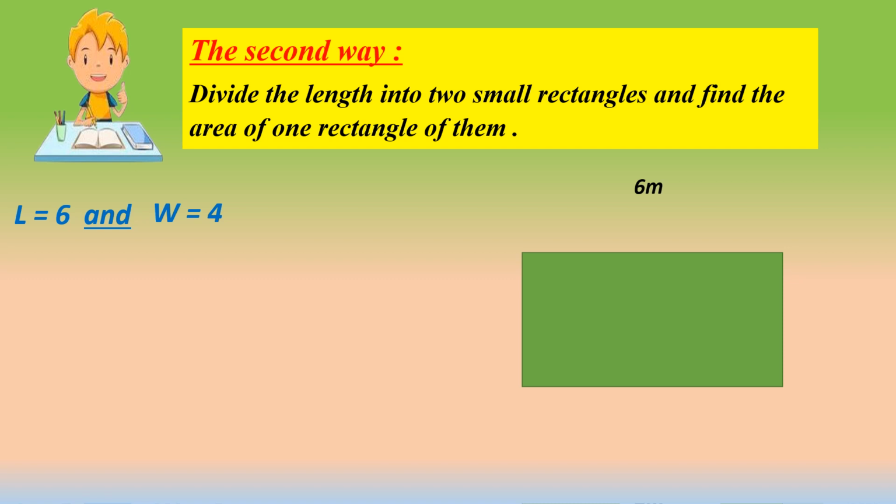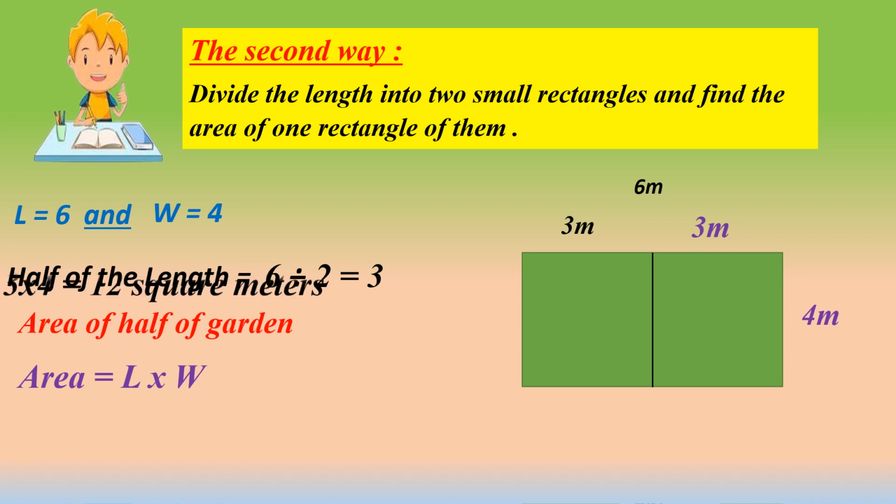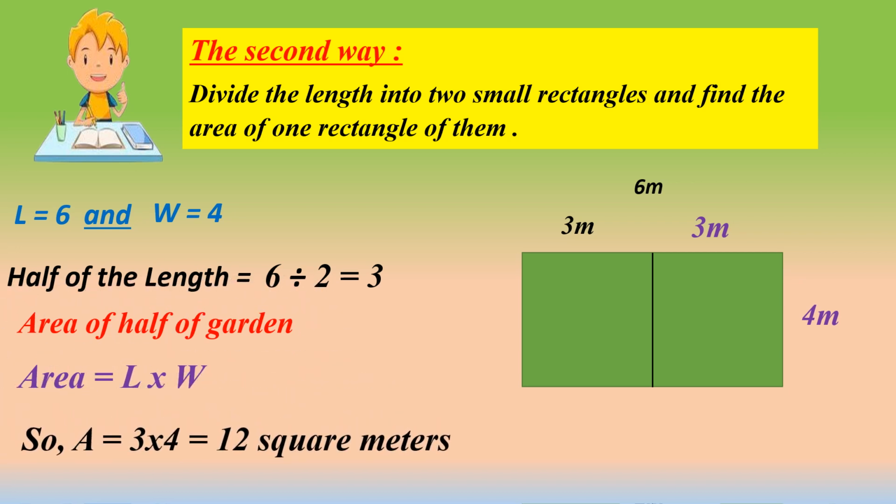Half of the length equals 6 divided by 2 equals 3. So each part will be 3 meters and 3 meters. The area equals length times width. Okay. The area of the half of the garden will be 3 times 4 equals 12 square meters.